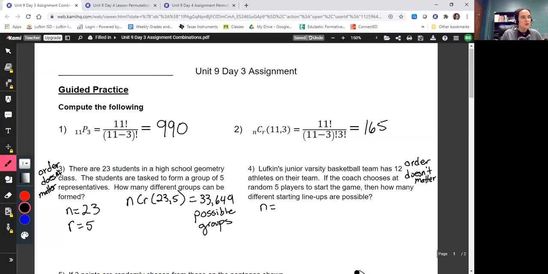We have a total of 12 players, and we're choosing 5 players to start. So we've got nCr 12,5. So again, menu, probability, combination, 12,5. And we get 792 possible starting lineups.